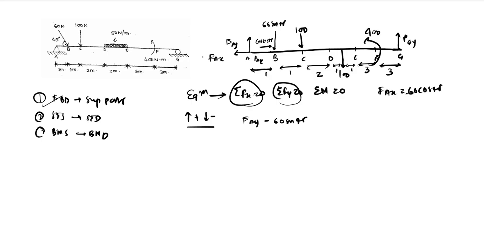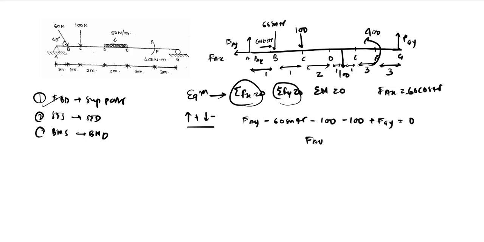You can change this; it won't affect your final solution. We have 60 sin 45 in the downward direction. We also have the 100 Newton force at point C in the downward direction. We have 100 Newton force from the UDL between D and E. We have an FGY force acting in the upward direction, so that is why it is taken as positive.